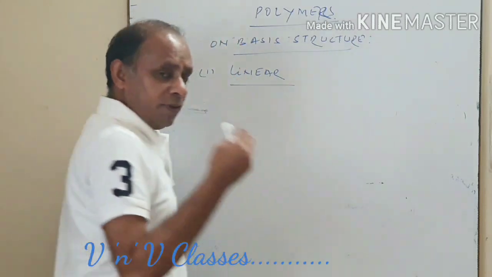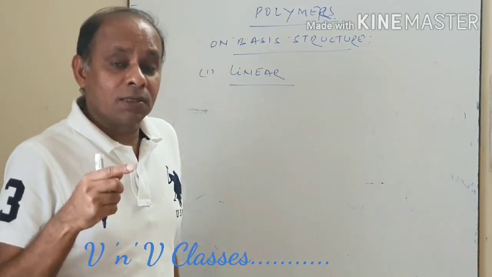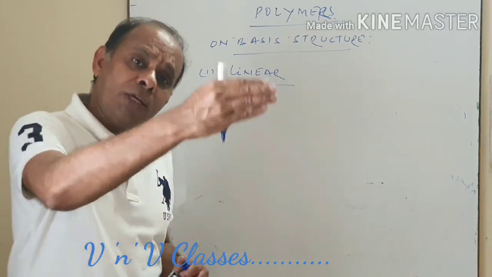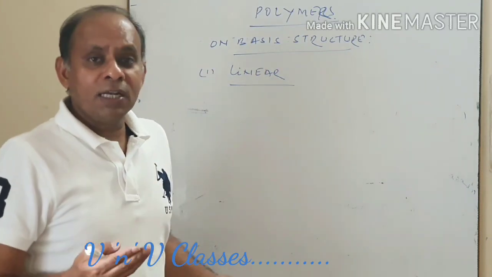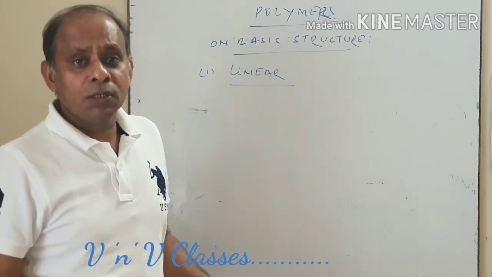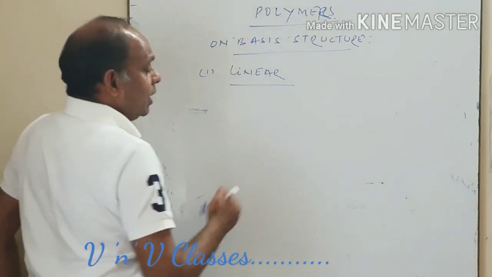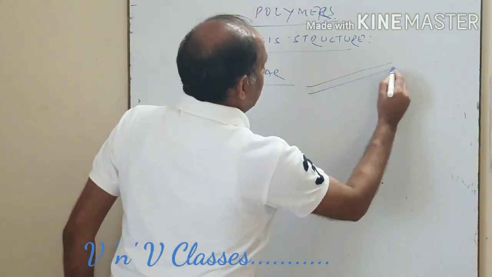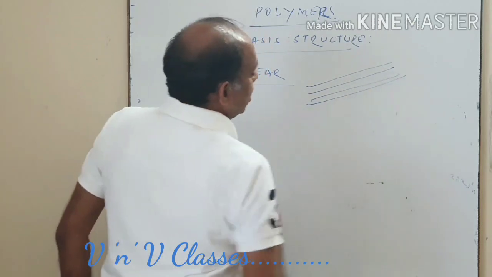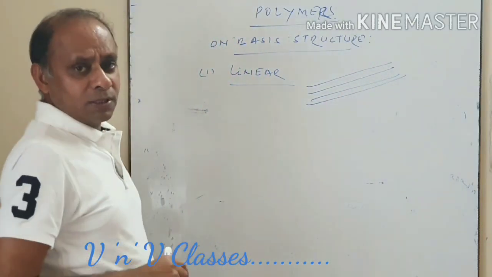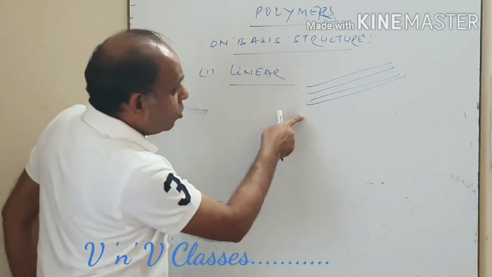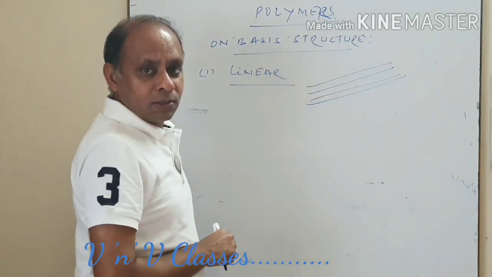What does it mean? I told you polymer means many molecules are connecting. So definitely they will form chains also. So when you say linear, a large number of polymer chains run parallel to each other. This is linear polymer. And from the structure you come to know they are very closely packed.